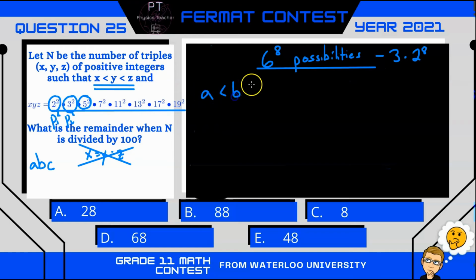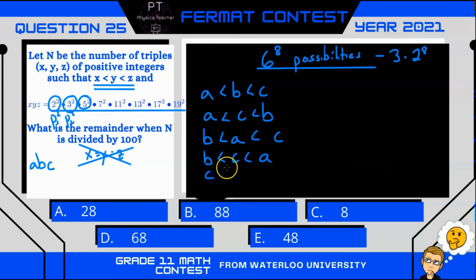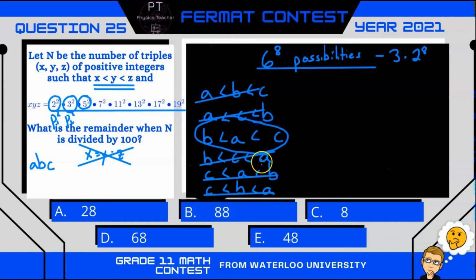We could do this, or we could rearrange it to this, this, this, and you can see that there's going to be 6 different possibilities here for which we can order A, B, and C. But if A, B, and C are all distinct, for example, only one of these is actually going to be in increasing order. So only 1 out of every 6.